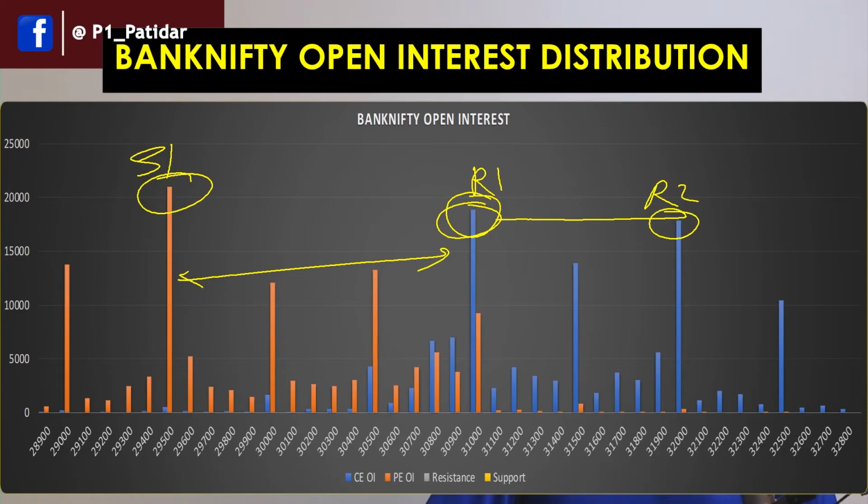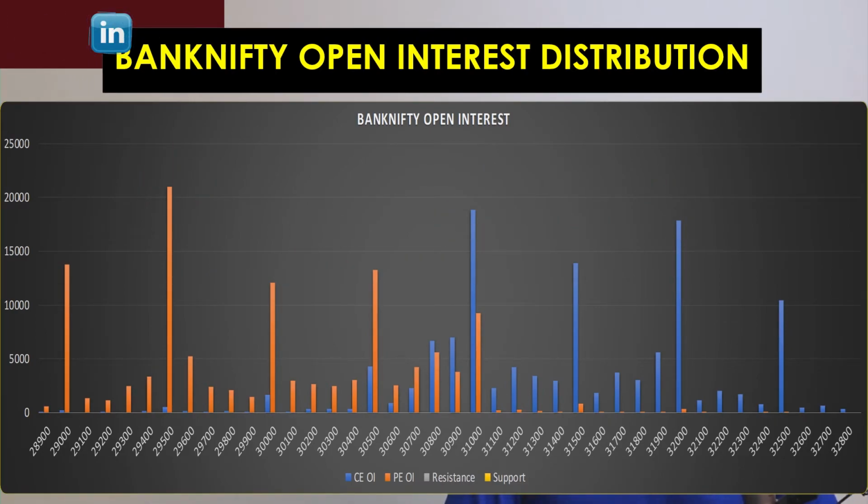In that case, what are they doing? Whoever thinks that Bank Nifty might go up is making positions at R2. So they are expecting that the market might move up. But if you see the total change in the picture, it was saying Bank Nifty will go down only. And this open interest picture is saying that Bank Nifty might go up. Which side wins? That we are going to find out in this week only.